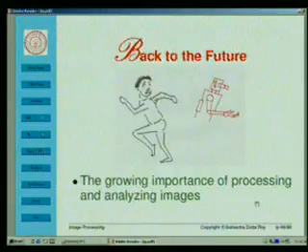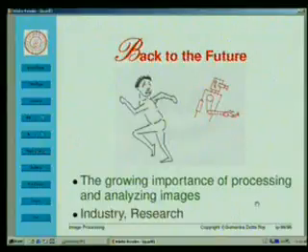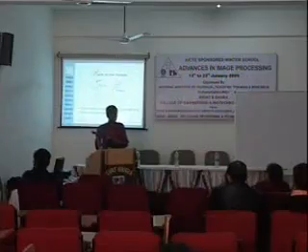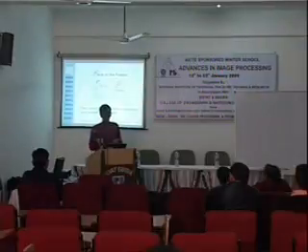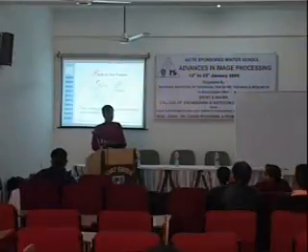So why are image processing and computer vision of a lot of interest, and to whom should they be of interest? People in the signal processing community, of course, because they treat images as two-dimensional signals and they work on them. People in computer science, why?